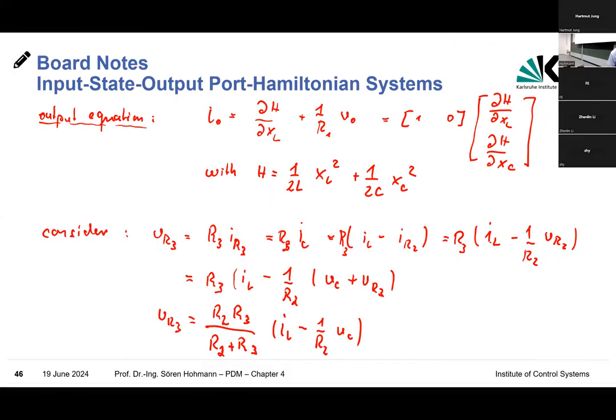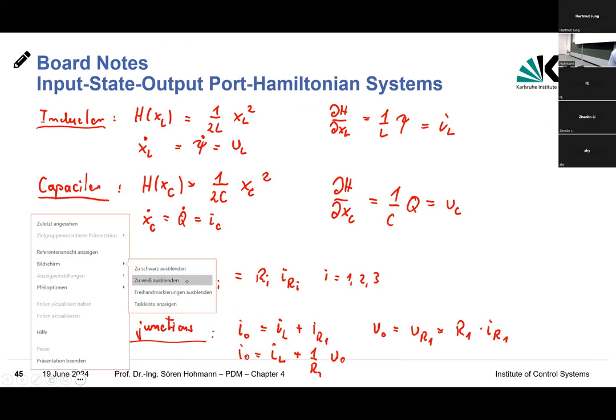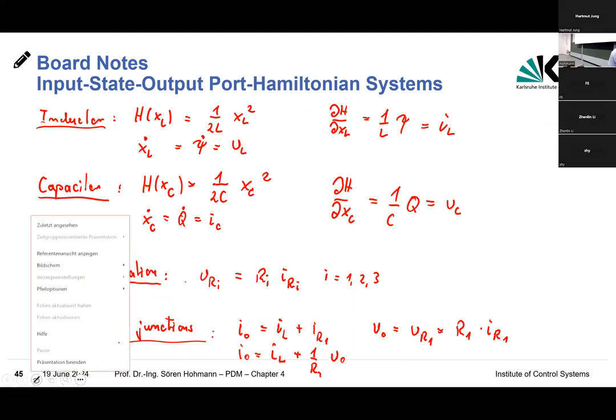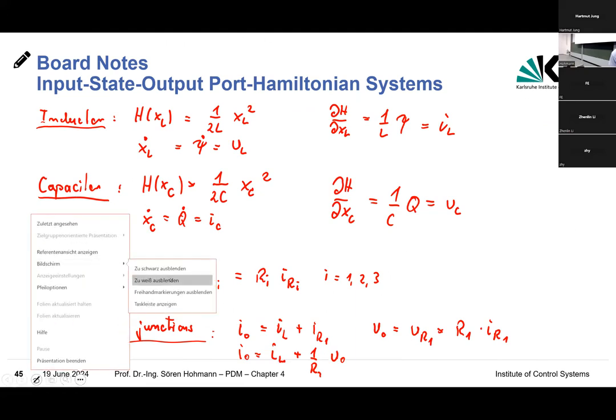Here we are. Want to have a white screen. Okay. So same for UL.